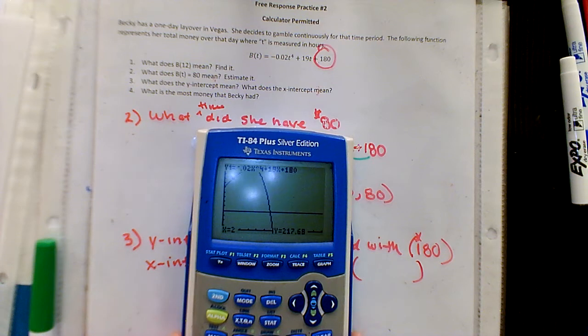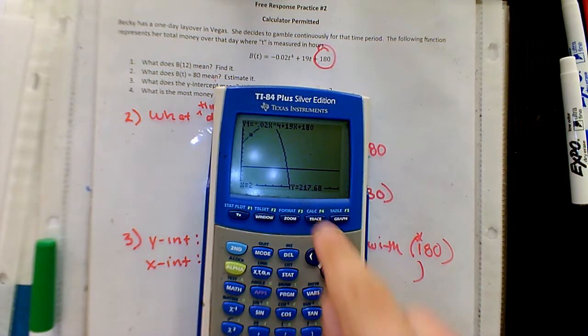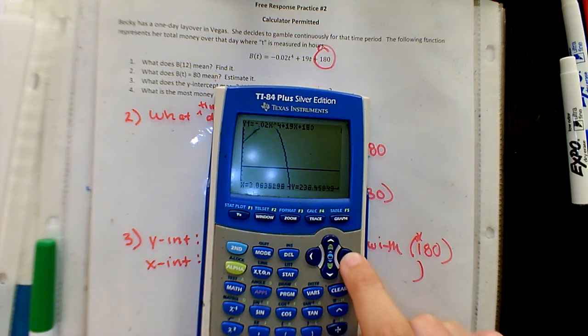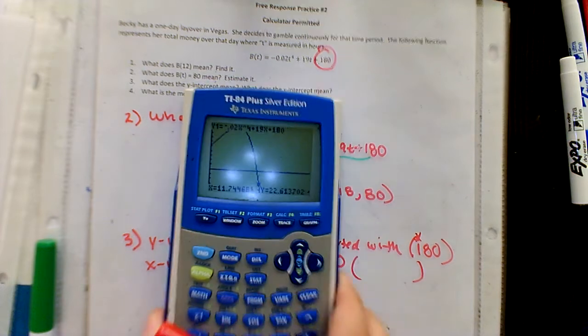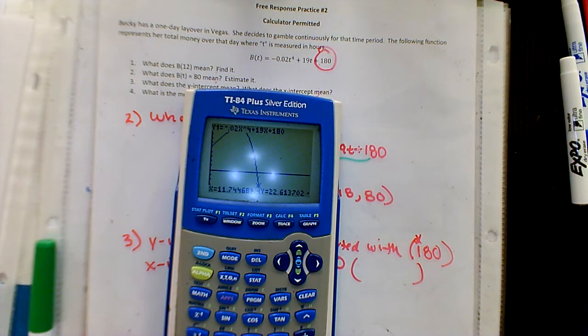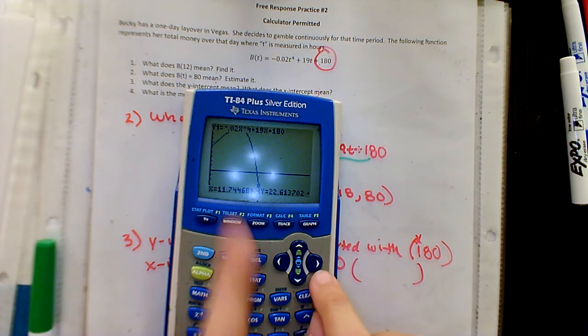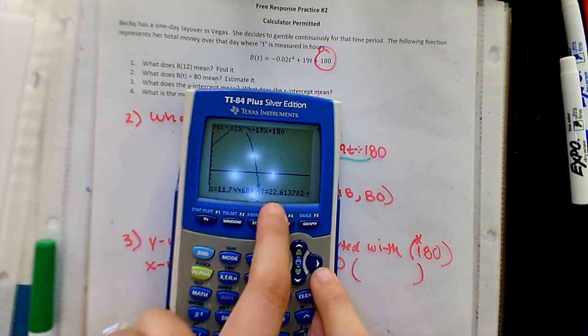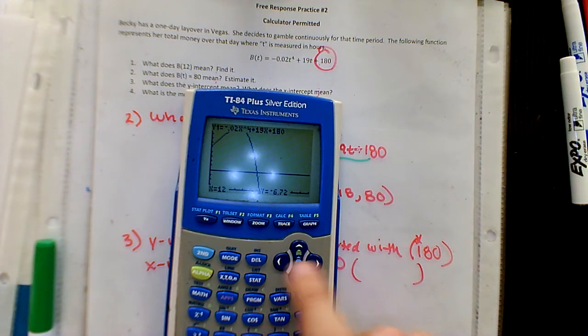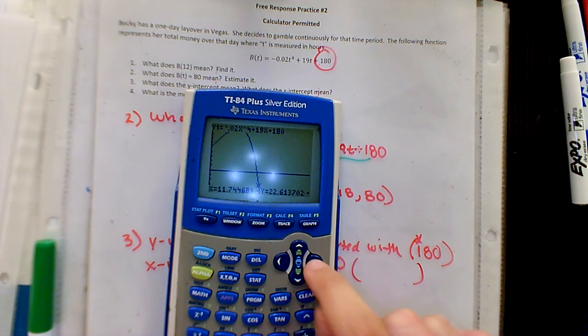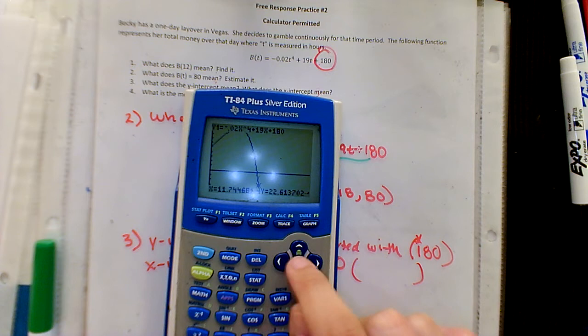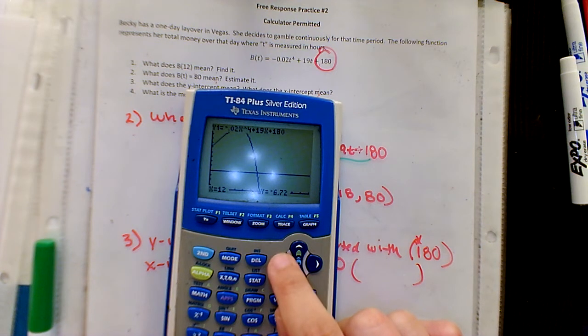Now, on your calculator, let's go ahead and hit the trace button. And we'll move the little spider cursor until we get really close to the x-intercept. Now, an x-intercept has a y value of 0, so you can take a look at the ordered pairs down below. If you try to get as close to 0 as possible, notice how it's not really going to get very close.